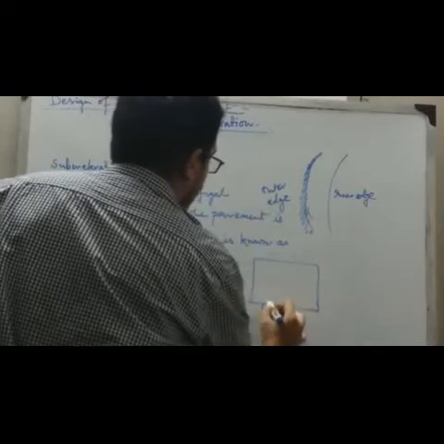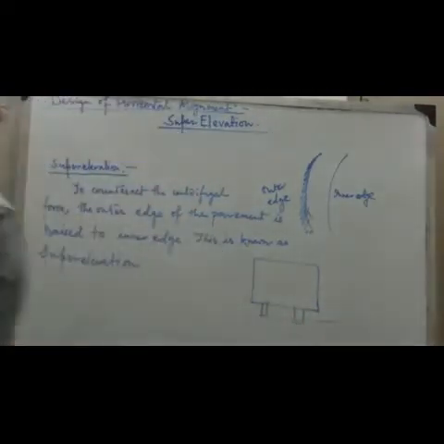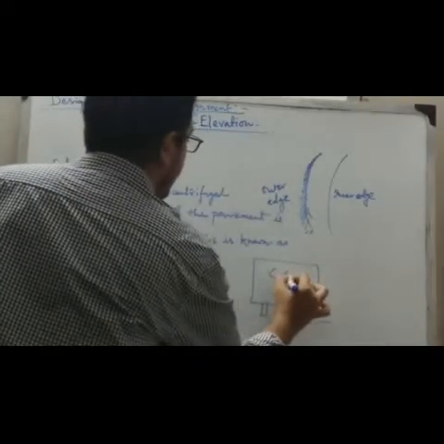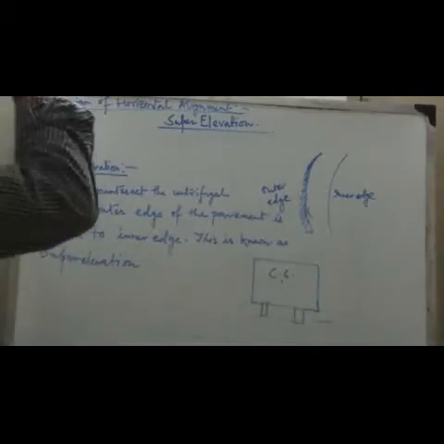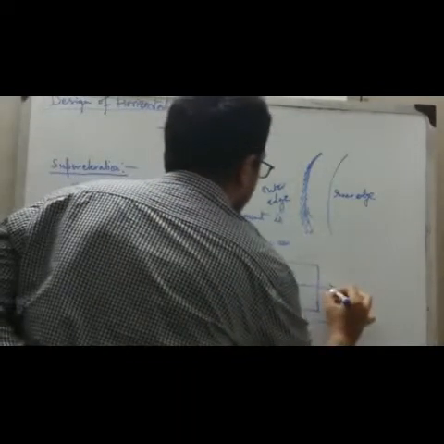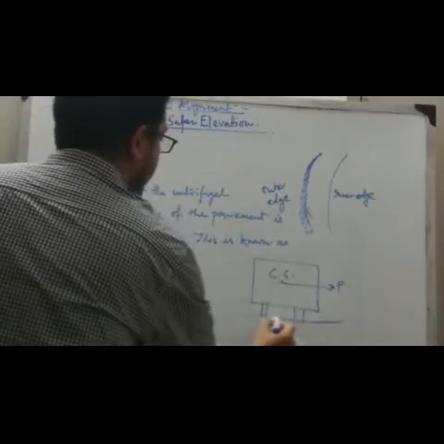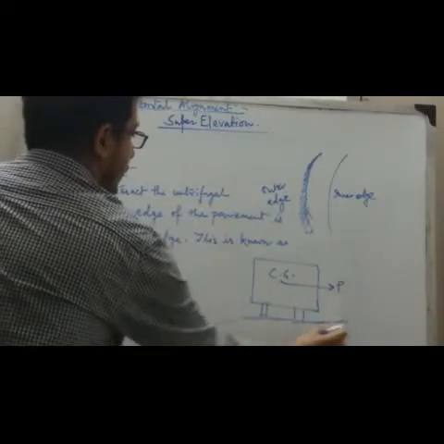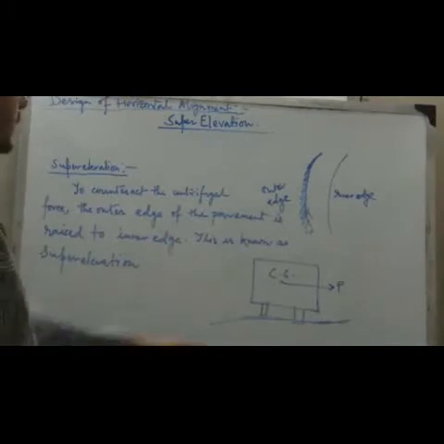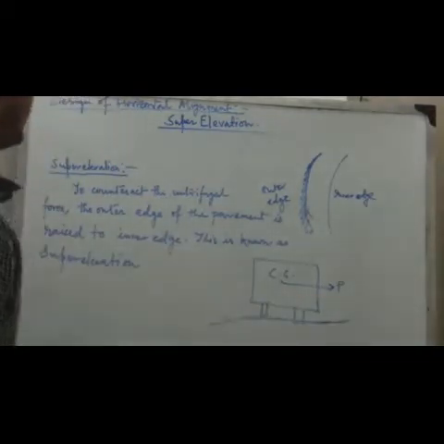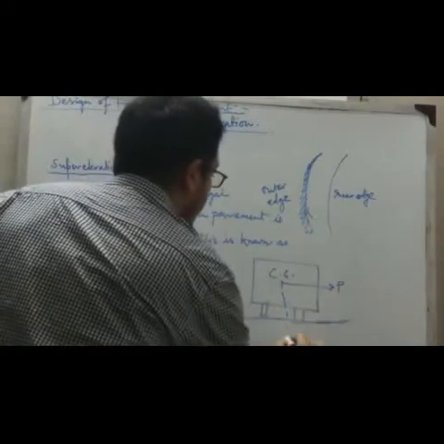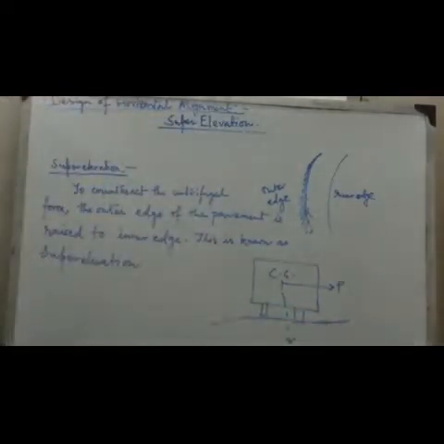Here are two wheels of the vehicle, this is the CG of the vehicle, and this is the centrifugal force that is known as P. If the pavement is in a turning portion, this is the outer edge and this is the inner edge, then this is W, the weight of the vehicle.